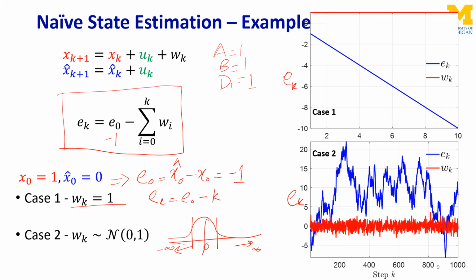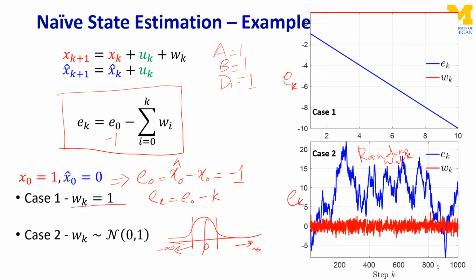Now, if this is Wk and we add up all these things, we get this blue trace, which shows our error. This is called a random walk. There are a lot of properties of random walks that you can study, but we're not interested in random walks. What we are interested in is the fact that for a small variance of the noise, you can get pretty large errors.